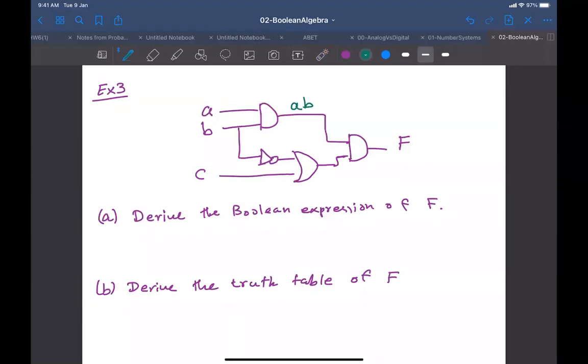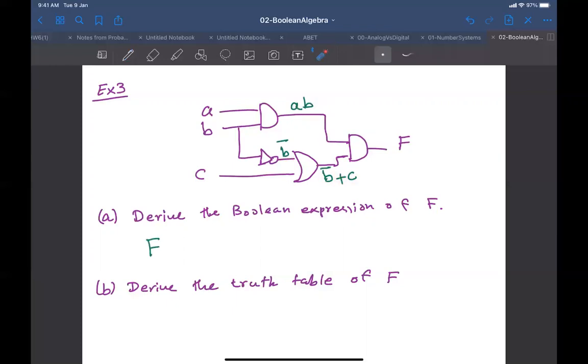What about this signal here? B complement. Excellent. And this signal, finally: B complement ORed with C. Excellent. So remember that F is nothing but this ANDed with this, right?